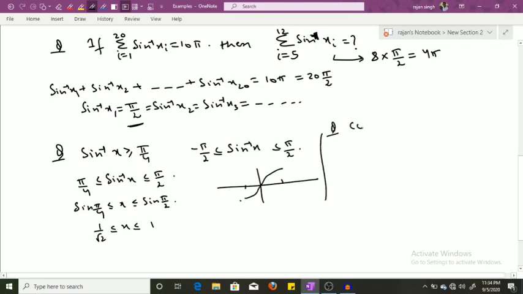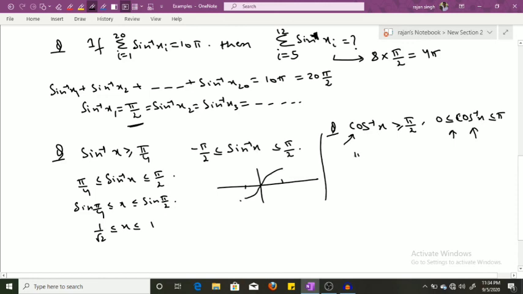One similar question, if you want to see, cos inverse x greater than or equal to pi by 8. Similar question, so again you have to think about the interval of cos inverse. What is the interval of cos inverse? We have 0 to pi. So the final cos inverse that we need is the intersection of these two things. This question is given, this we know, and this condition you have to satisfy always.